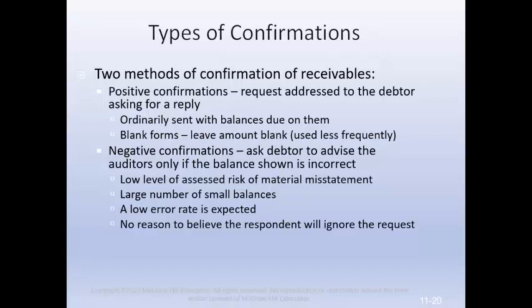Most positive forms ask the debtor to confirm directly to the auditors the accuracy of the dollar amount shown on the confirmation request. Other positive forms, referred to as blank forms, do not state the amount on the request, but ask the debtor company to fill in the balance.